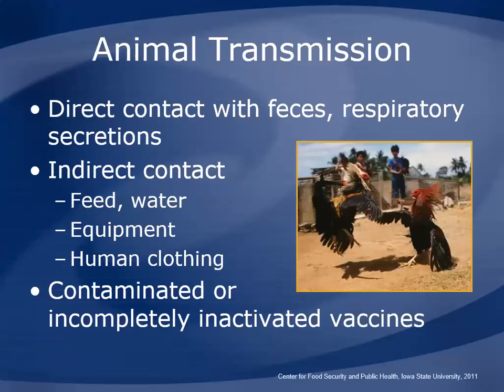How is this disease transmitted? Transmission can be by direct contact with feces, respiratory secretions, and indirect contact can be through feed, water, equipment, human clothing, contaminated or incompletely inactivated vaccines.